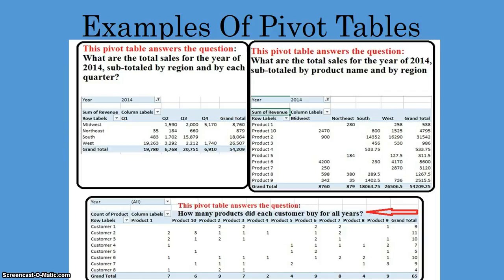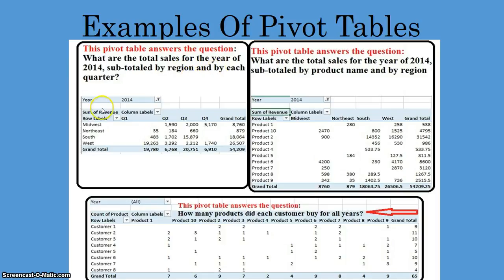Now, here are some examples of questions you can ask yourself once a pivot table is set up. In this first section in the left-hand corner, this pivot table is going to ask, what are the total sales for the year of 2014, subtotaled by region and by each quarter?